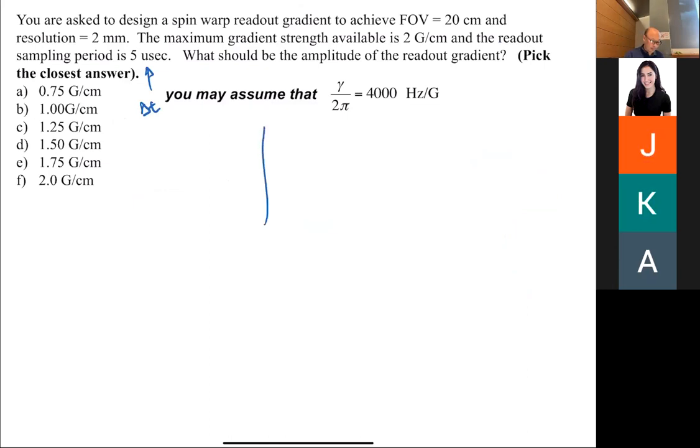I mean this gradient here, the flat part. This is the GXR, and this is the delta T. To keep things simple, assume gamma over 2 pi equals 4,000 hertz per Gauss, and pick the closest answer in case it doesn't quite work out. Go ahead and do this problem.